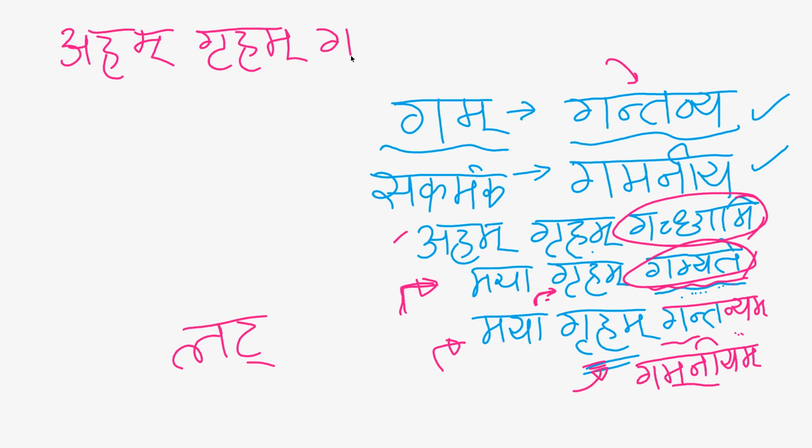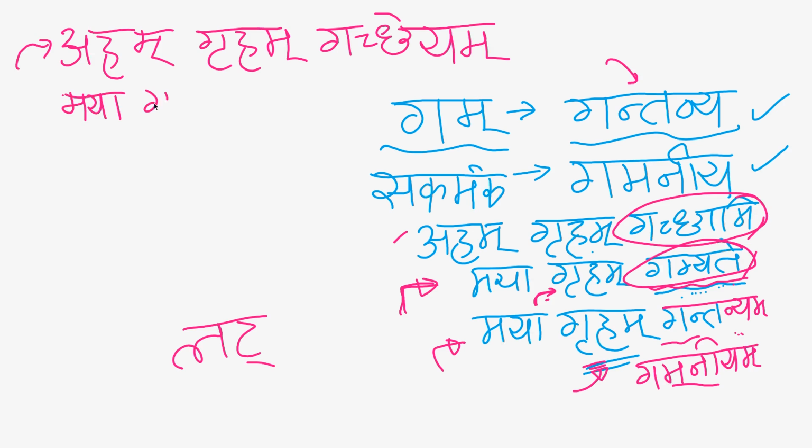Aham graham gaccheyam. Now, since gantavyam and gamaniyam, the tavyat and aniyar, are coming in the karmani form, what will be the karmani form of this aham graham gaccheyam?